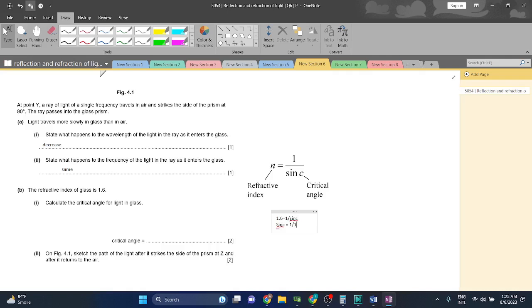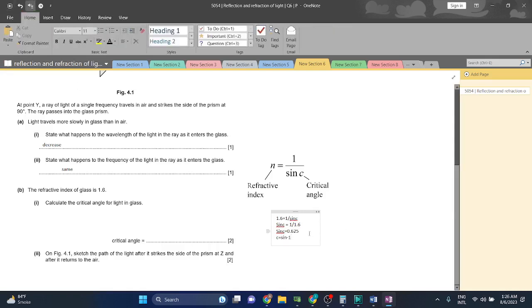So 1 divided by 1.6 gives us sin c = 0.625. Then sin goes to the other side and it will be inversed, so c = sin inverse 0.625, which gives us an answer of approximately 39. So that would be the critical angle.